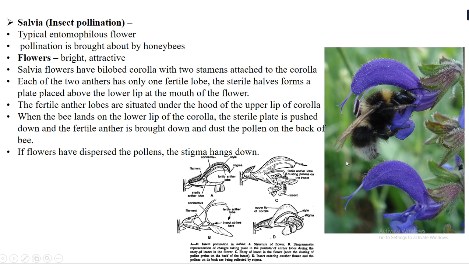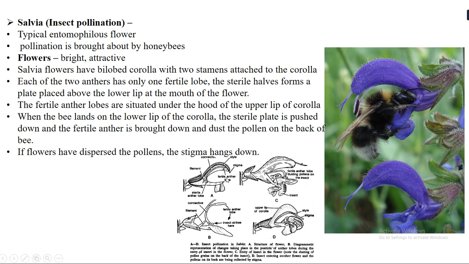Now when the same honeybee goes to the other salvia flower, it will dust the pollen that it is holding onto the stigma of the other flower. And this is how insect pollination in salvia takes place.